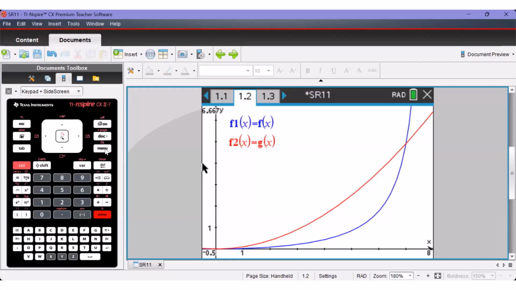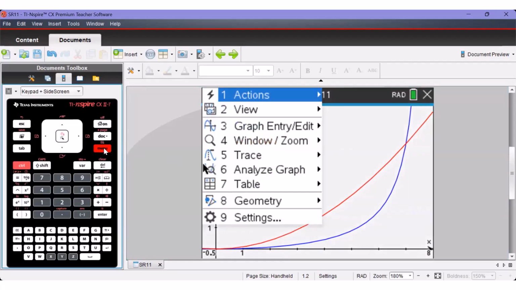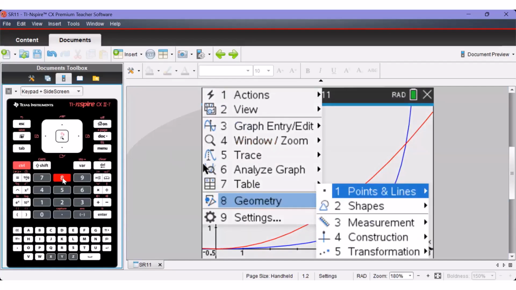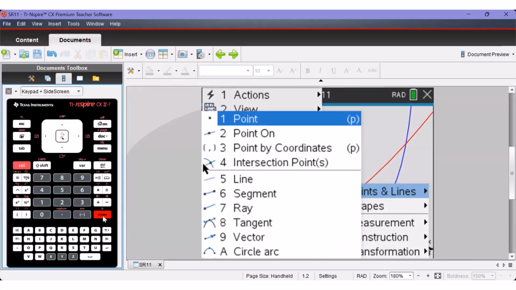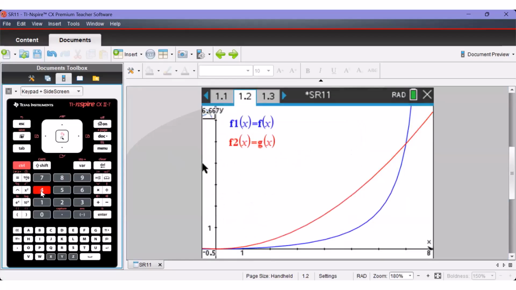So we'll head towards geometry. We'll press menu and then select geometry by pressing number 8. Then 1 or enter for points and lines. And then we're going to select intersection points by pressing number 4.